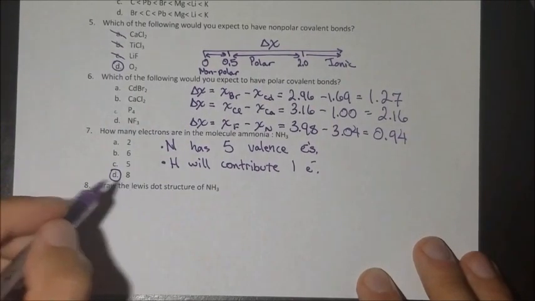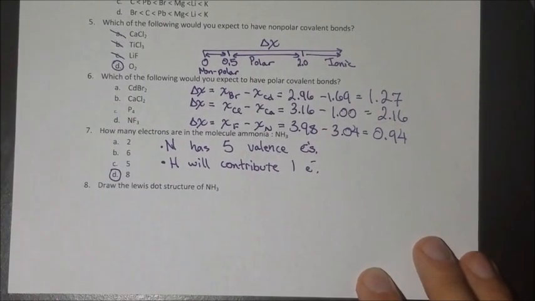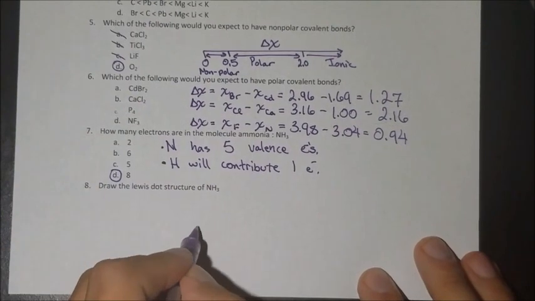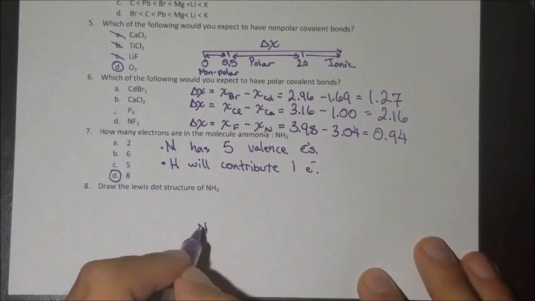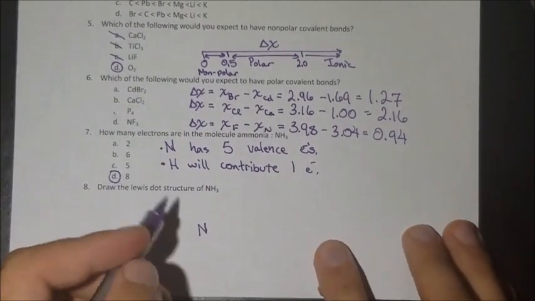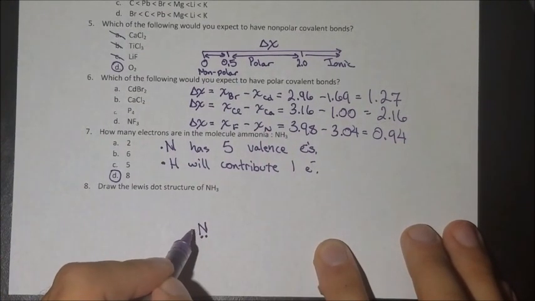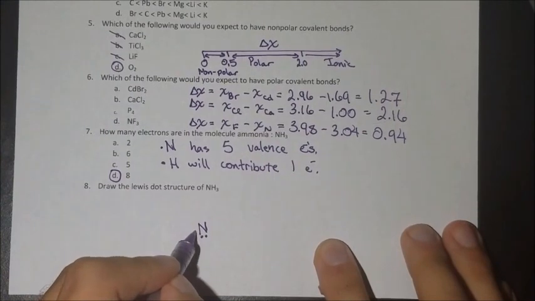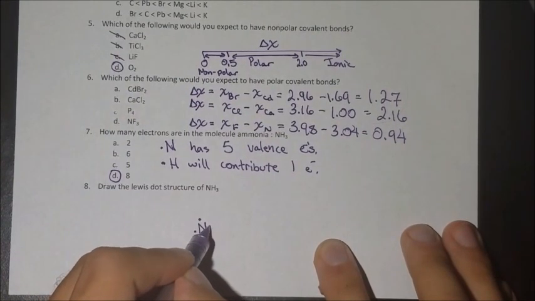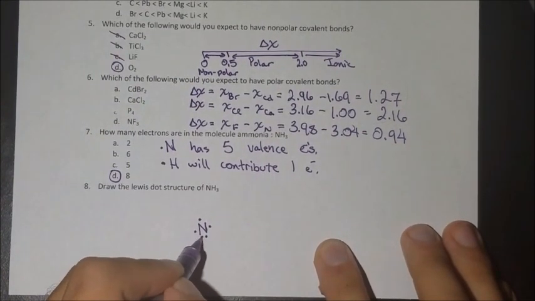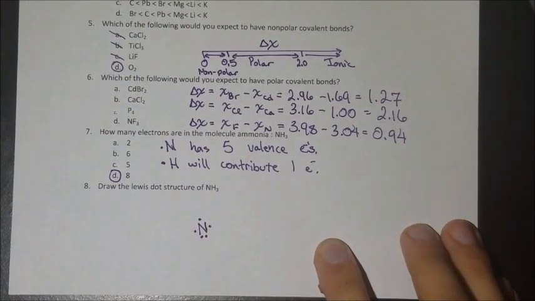Now we can draw the Lewis dot structure to validate our initial assessment. So nitrogen is going to be our central atom, and let's go ahead and draw the valence electrons. So we know there's 5 of them, so here we go. Here's our 5 valence electrons. 1, 2, 3, 4, 5.